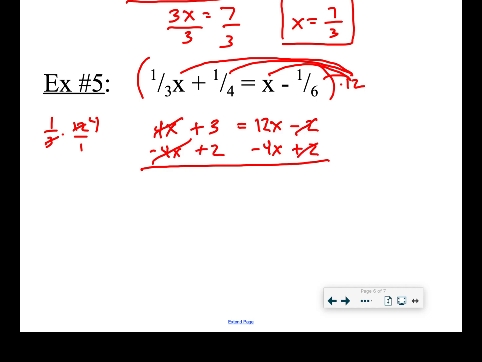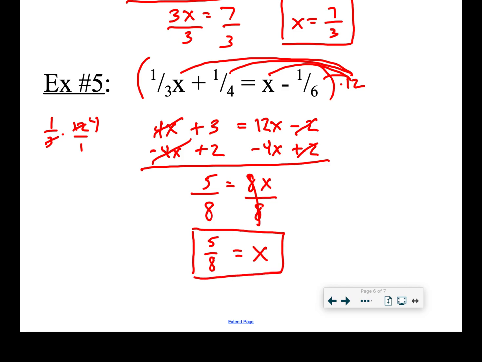Get rid of that. I'm going to do 2 steps in one here. So I end up with 5 equal to 8x. Divide both sides by 8, and you end up with your final answer of x equal to 5/8. And again, you can just leave it just like that.